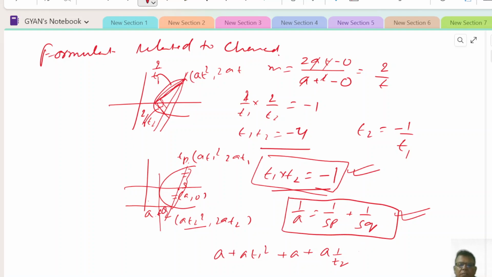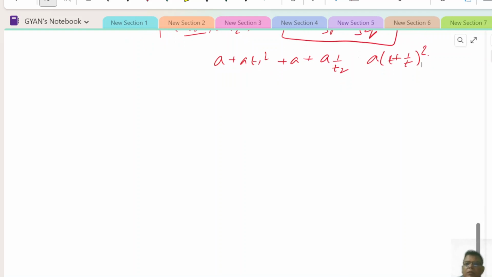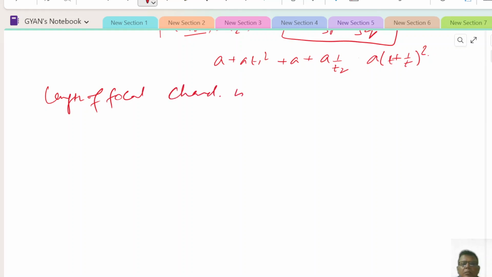From this, I will solve that. Then you will get A times 1 plus T plus 1 by T the whole square. So this is the length of the focal chord.